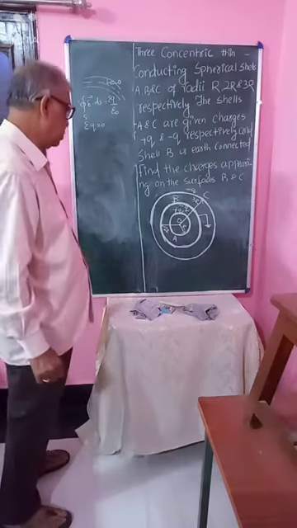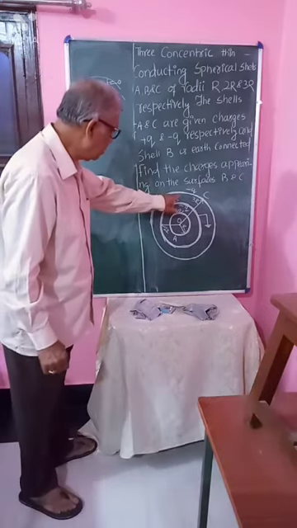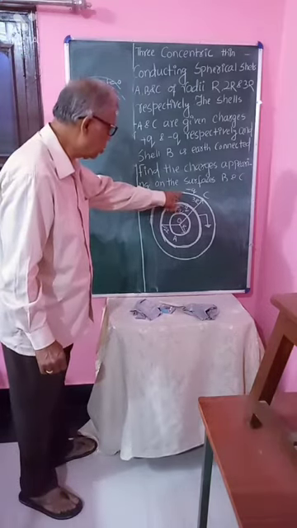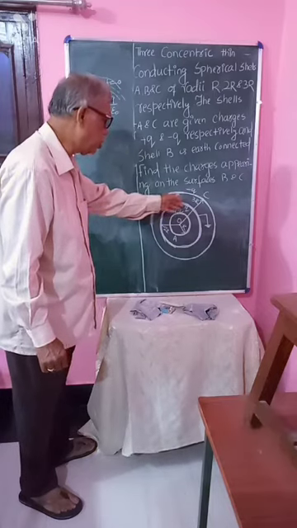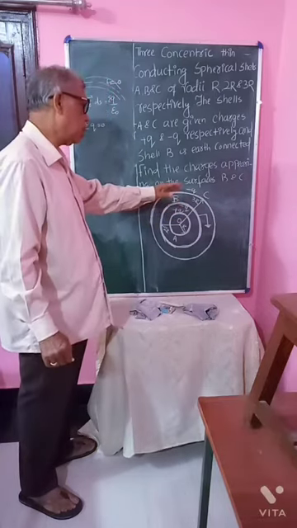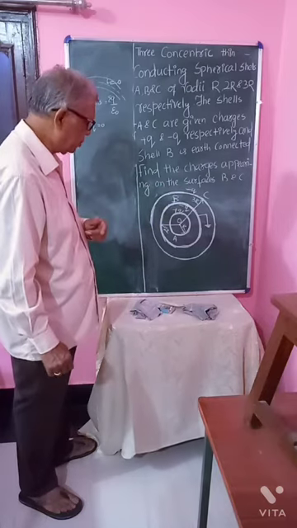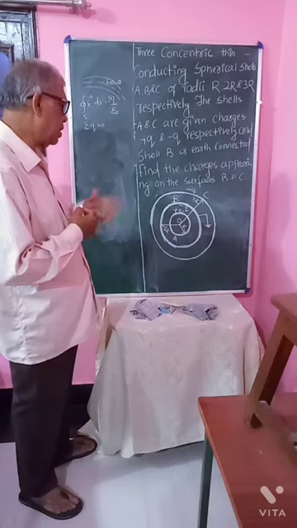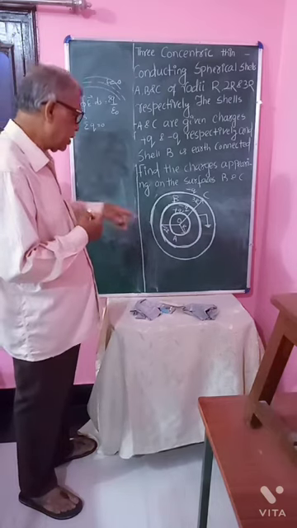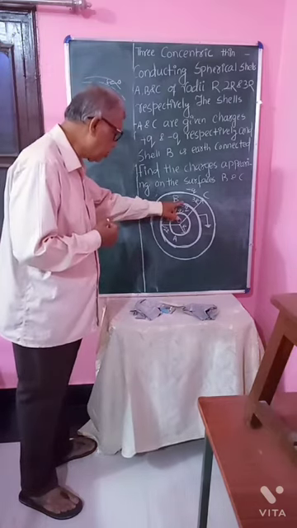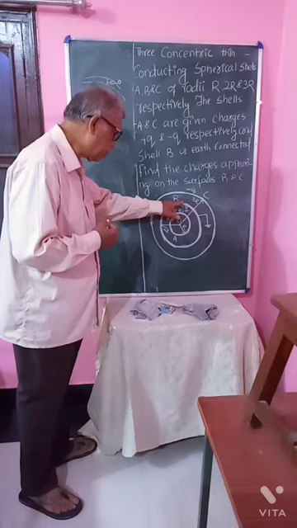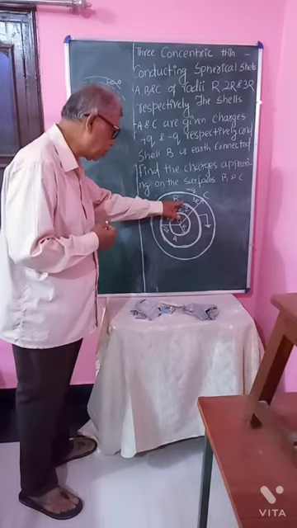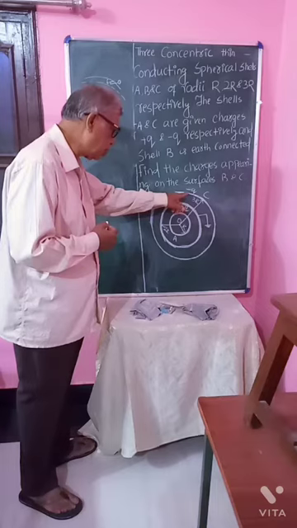Now, similarly, the charge on the inner surface of cell C we can find out. Another point to remember is that you cannot consider the charge on the outer surface of cell B to be 0 because of the presence of the conductor C, which has a charge.